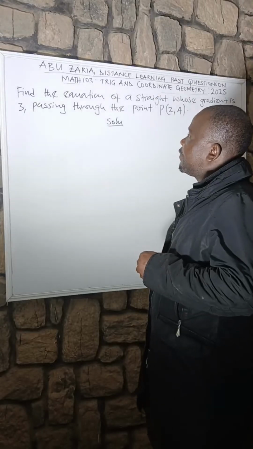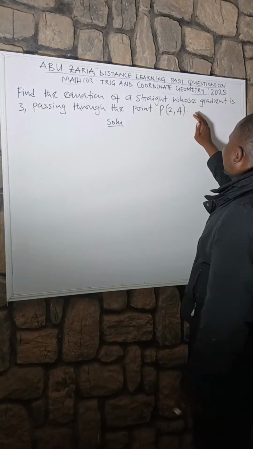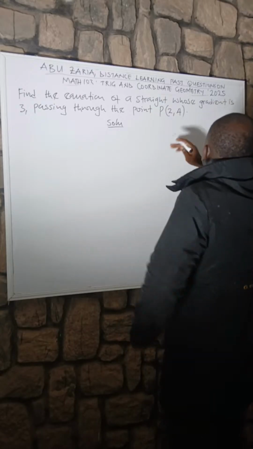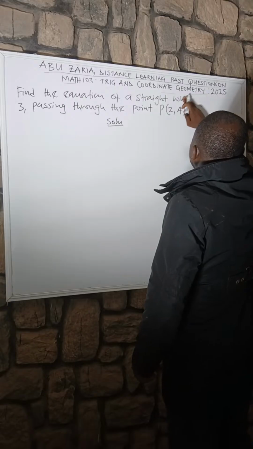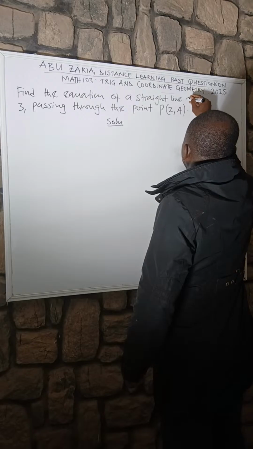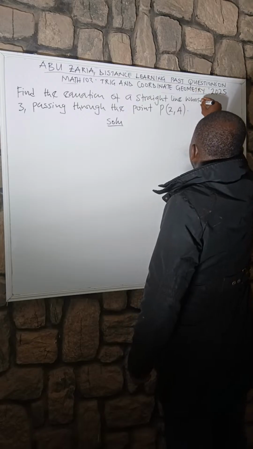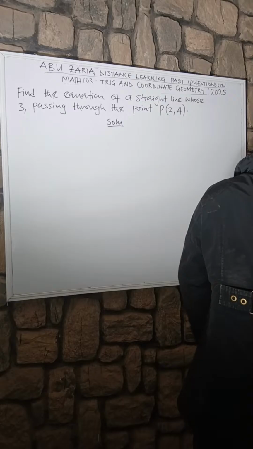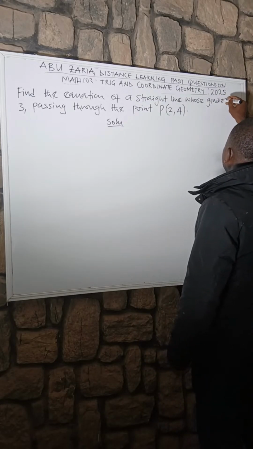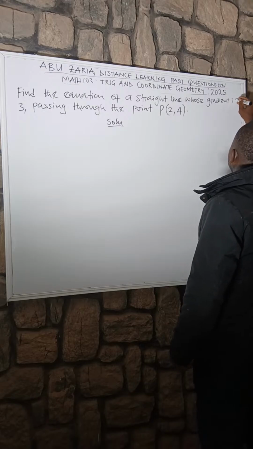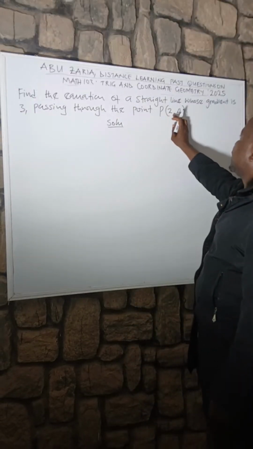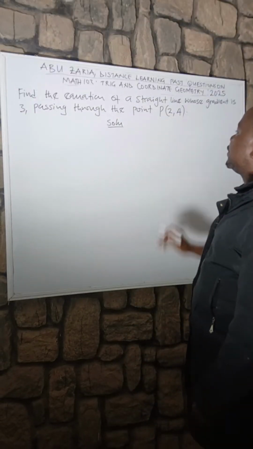The question says, find the equation of a straight line whose gradient is 3, passing through the point P, open bracket, 2, 4.